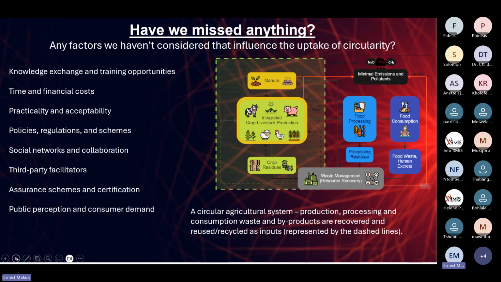That could, amongst others, include knowledge exchange and training opportunities, time and finance cost, practicality and acceptability, policies, regulations, schemes, social networks, collaborations, third-party facilitation, assurance schemes and certification, public perception and consumer demand, and a circular agriculture system where production, processing, and consumption waste and byproducts are covered and reused or recycled as inputs.